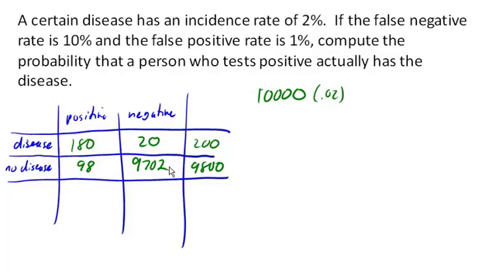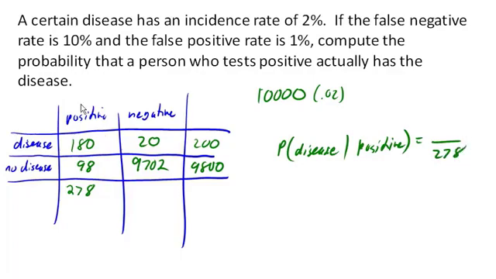So notice these 98 people here and these 20 people here are errors. Altogether, we have 278 people testing positive. If we wanted to find the probability that they have the disease, given that they test positive, we have 278 people who tested positive.